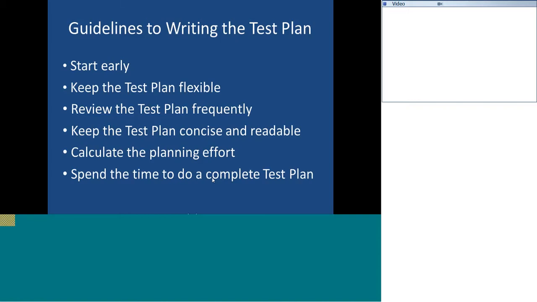So if you're saying that 100 hours is my testing effort, then test planning effort should be part of that 100 hours. So out of 100 hours, your test planning effort could be 5 to 6 hours, including the review and including the changes that you make and all. So it could be 5 to 6 hours. So you should be calculating the planning effort also.